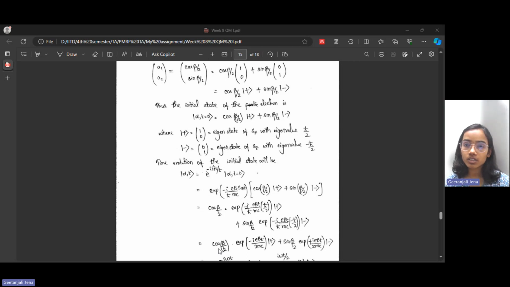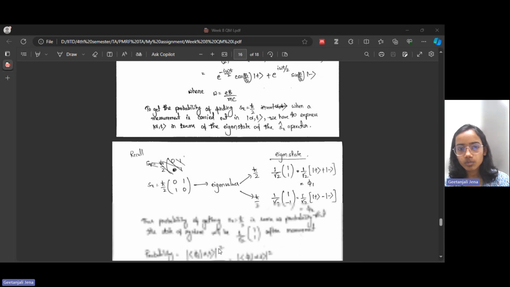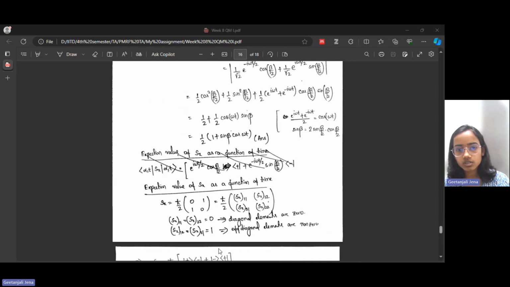It will help you understand many concepts related to how you can go from one operator to another operator, and how you can represent the operator in terms of an outer product representation. So let me keep this question for our next session. Let's solve one more question, which is the last one.